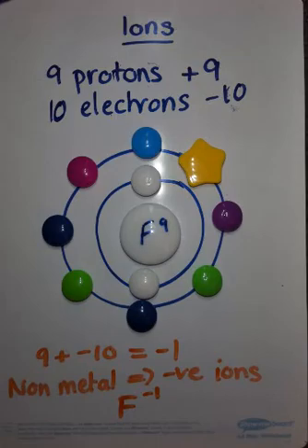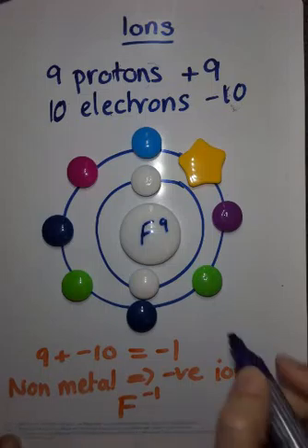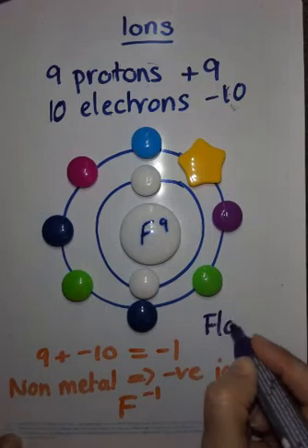Okay. Now the very last thing to remember with non-metals, and you will have seen this when we've done other compounds, is when they become an ion, they also change their names. So with this one, we wouldn't call it a fluorine ion, we would call it fluoride.